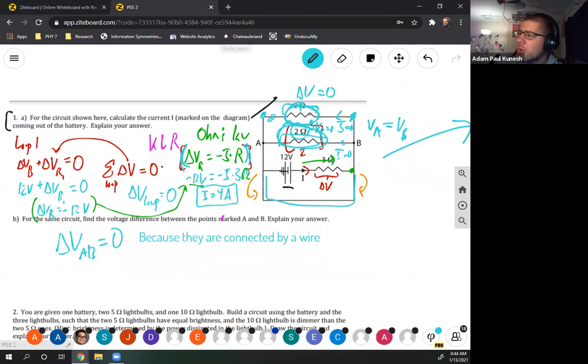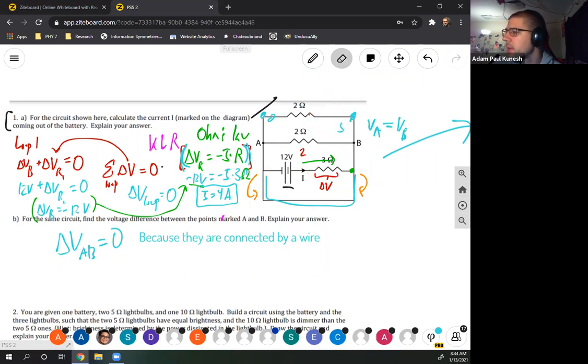Good. So still no. The underlying principle is still that two points connected by a wire must have 0 voltage change. So let's take two different paths. Say that I took the path directly across the resistor.